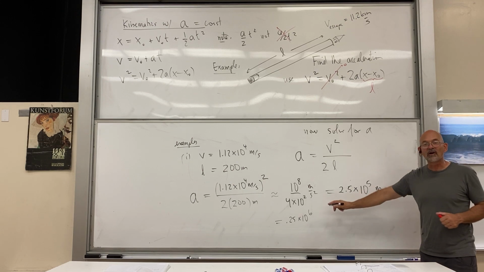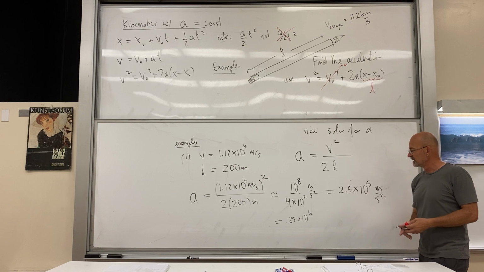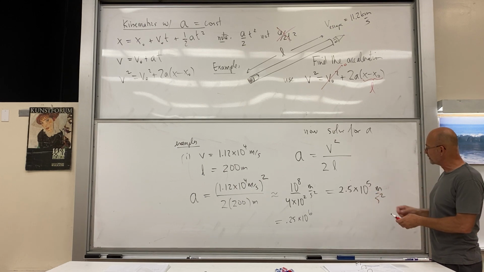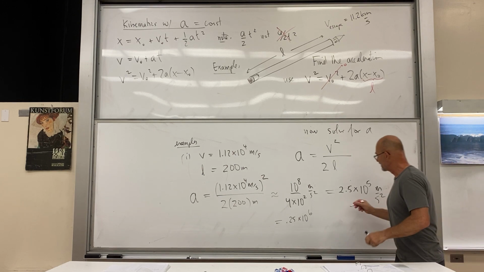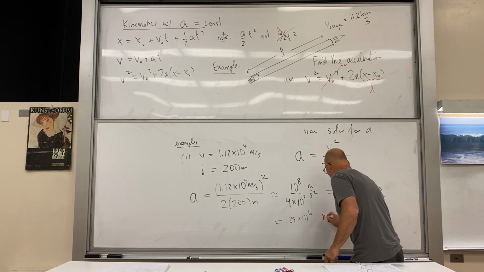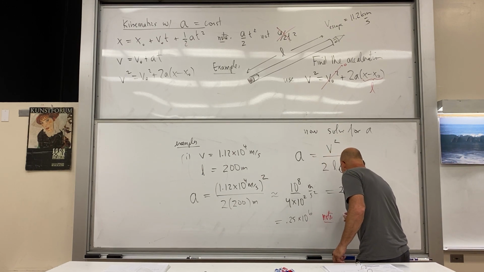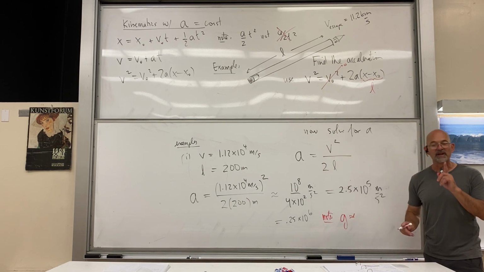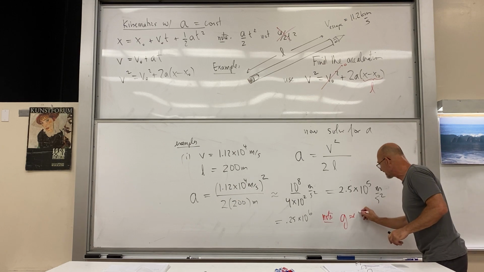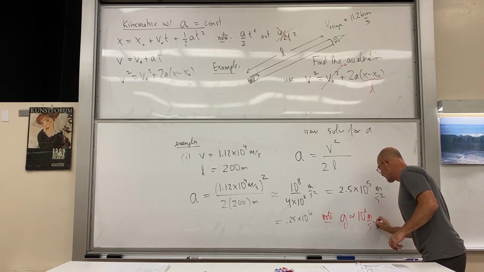Now, what do we compare a number like this to? See, a number has to be compared to another number to put it into perspective. And I'll just put here as a note, g is equal to 9.8, so it's approximately 10 to the 1 meters per second squared.